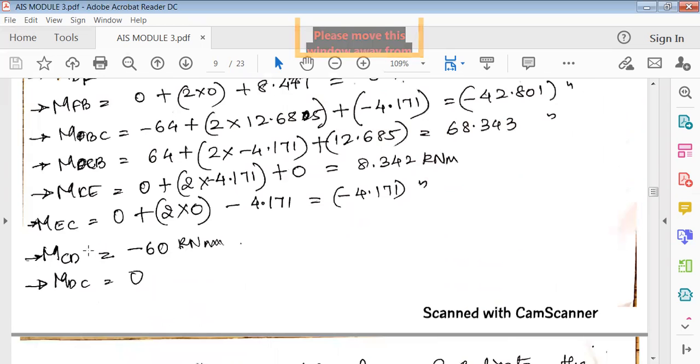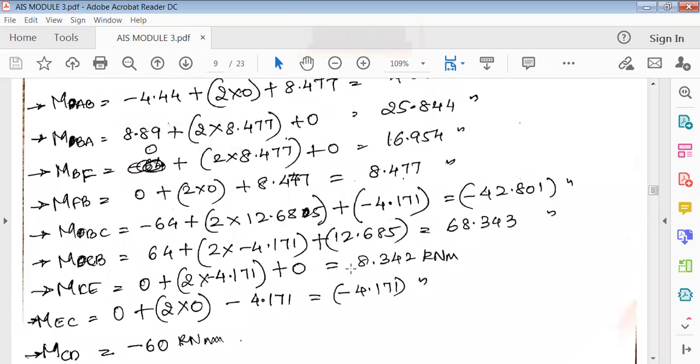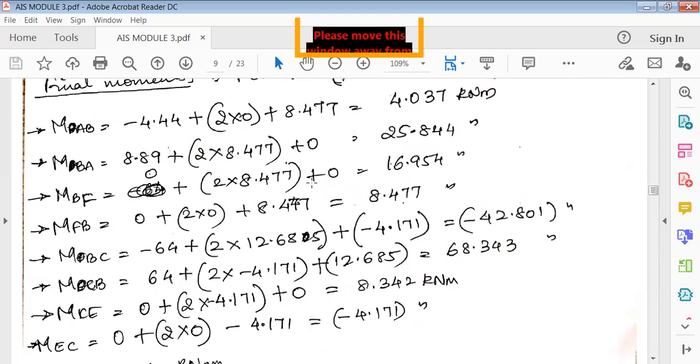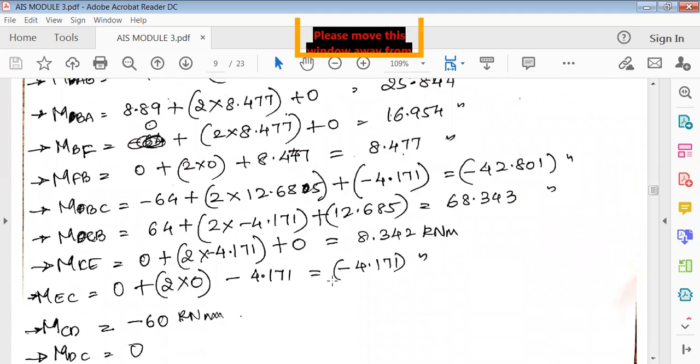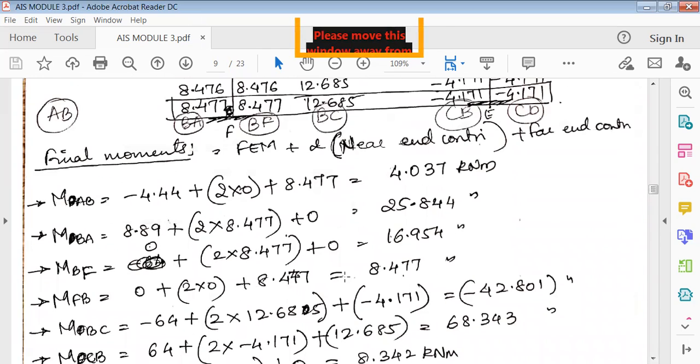This is how you calculate and write the bending moment. Here you don't get the check because one joint B connects three members, so you do not get the exact answers like equal and opposite. So you can just write this as usual: near end, far end. Only thing you should know is what is near end and far end. All right, that's all for today. Thank you.